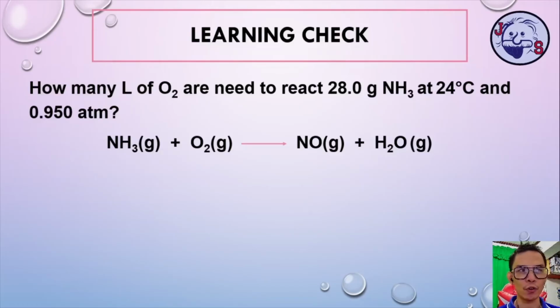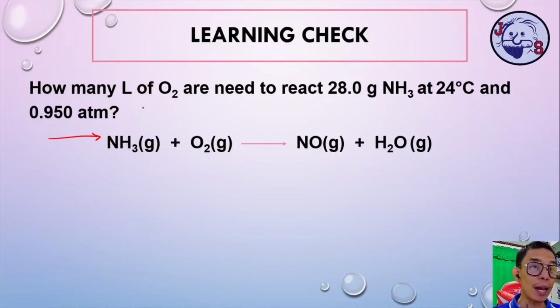This is the equation that we have right here. The first thing you need to do when dealing with a gas stoichiometry problem is make sure that the equation is balanced. If the equation is not balanced, you will have a problem at the end of the day.